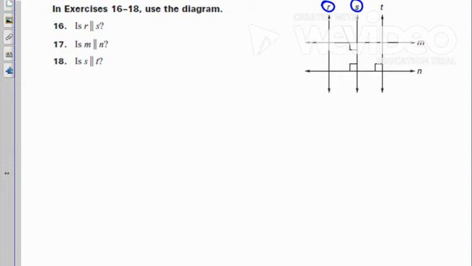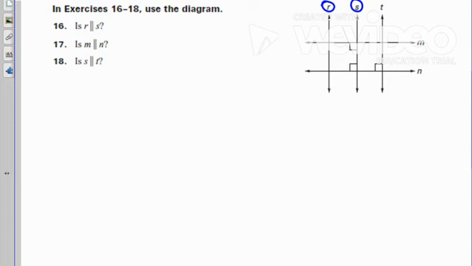Now, there's nothing on this diagram that indicates anything is parallel, because that's what we're trying to prove. So we don't know that R is parallel to S. What we need to look and see is, do we have either a transversal that is perpendicular to one of the two parallel lines, or in a plane, two lines perpendicular to the same line, then they are parallel to each other.